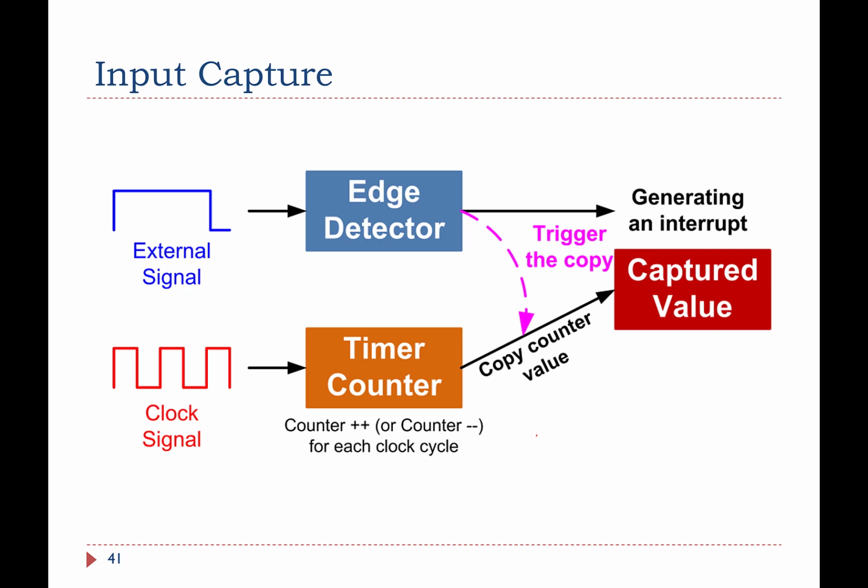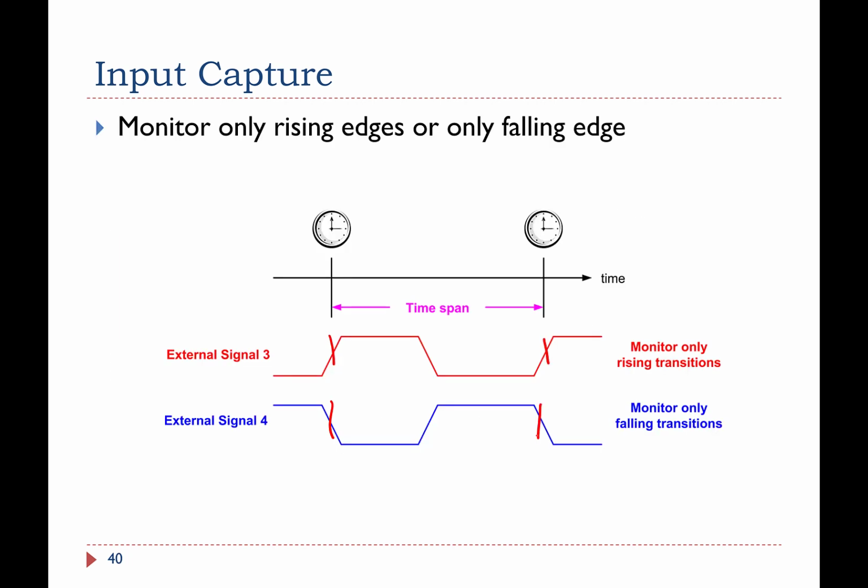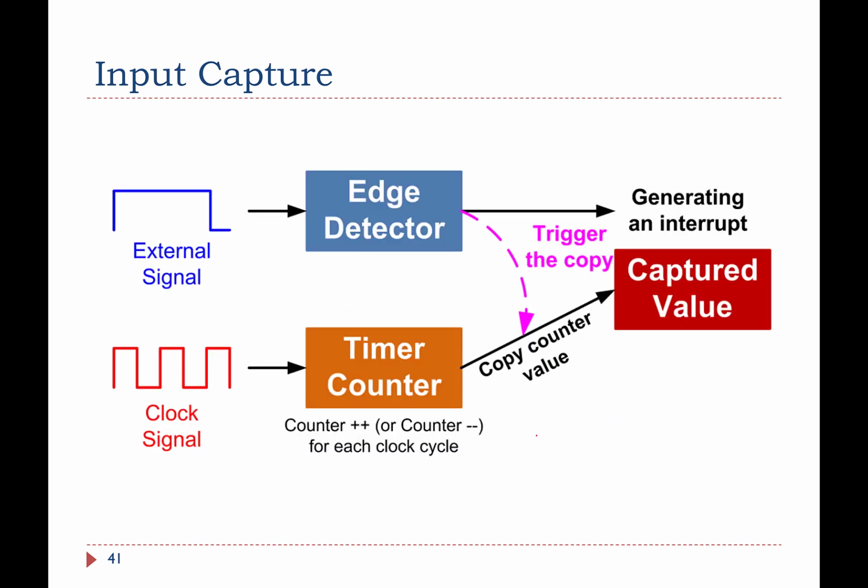Okay, so how that's done, you can see we have some edge signal, external signal that's applied to the edge detector. That's the signal that we talked about in red and blue there for the previous two slides. And then you have the clock signal that's coming into the timer. So the timer is counting, the free running counter is just going and going and going.